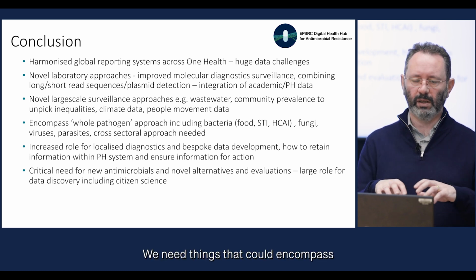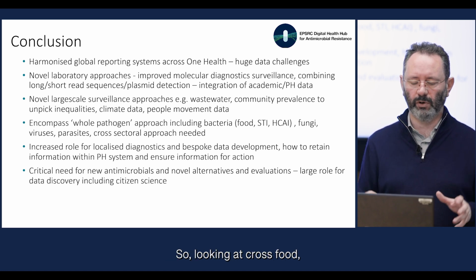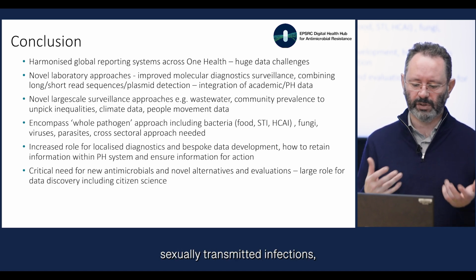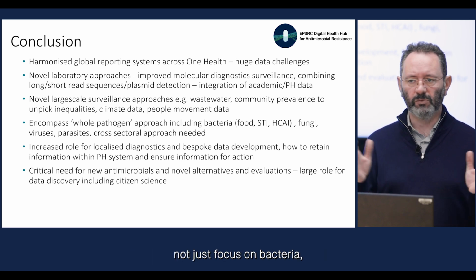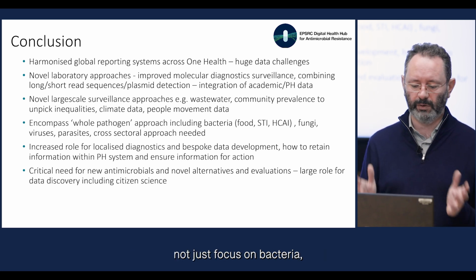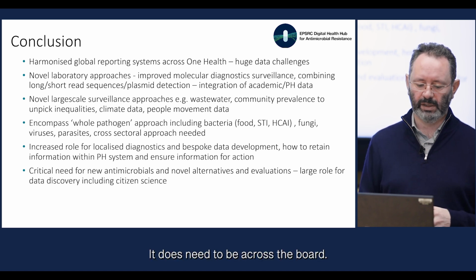We need things that could encompass the whole pathogen approach, so looking across food, sexually transmitted infections, healthcare-associated infections, etc., not just focusing on bacteria, but considering fungi, viruses, parasites, etc. It does need to be across the board.